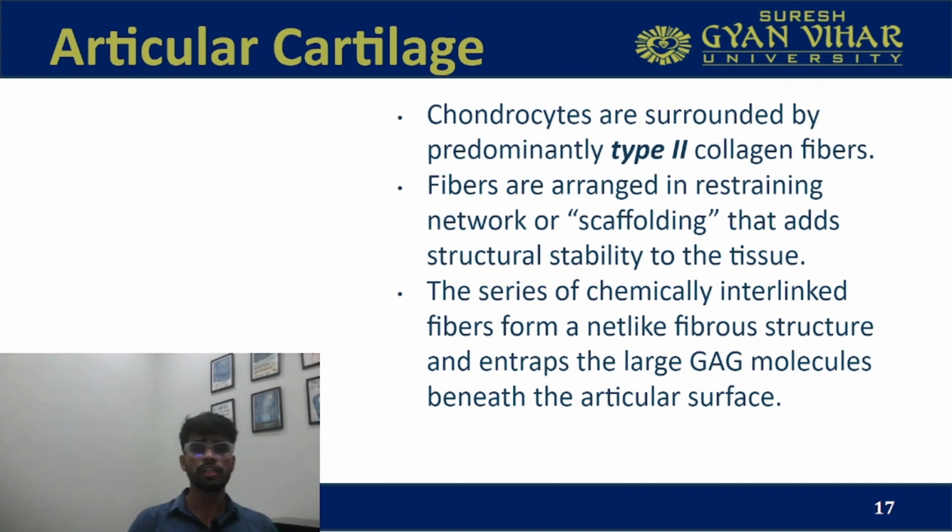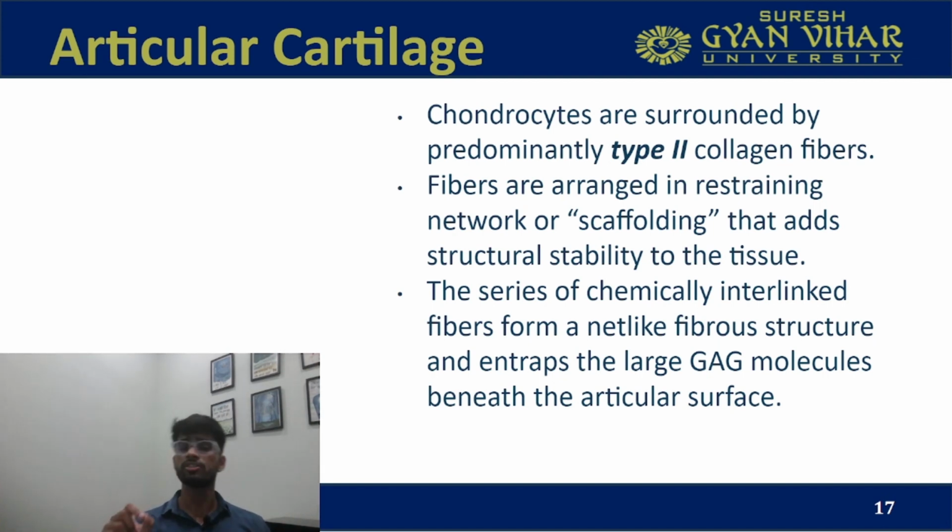Now, there are some things we must know about articular cartilage: it is made up of type 2 collagen fibers. I already explained what type 2 collagen fibers are. They are thin and less stiff compared to type 1 collagen fibers, and they are arranged in scaffolding manners that add structural stability.